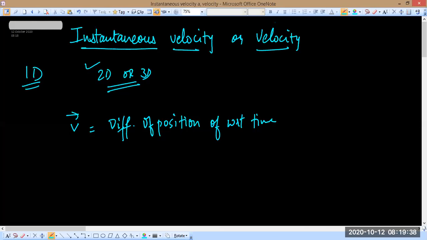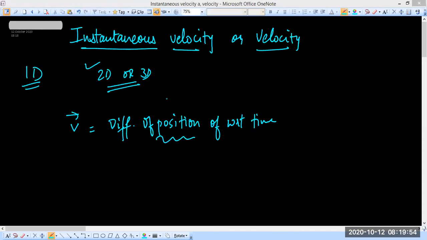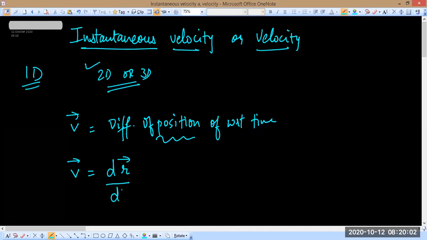I hope all of you remember that. But now for position, we are not writing x. Now we are writing r vector. So finally, the new formula of velocity becomes this.